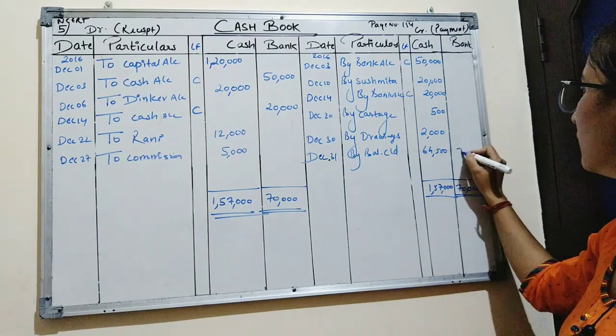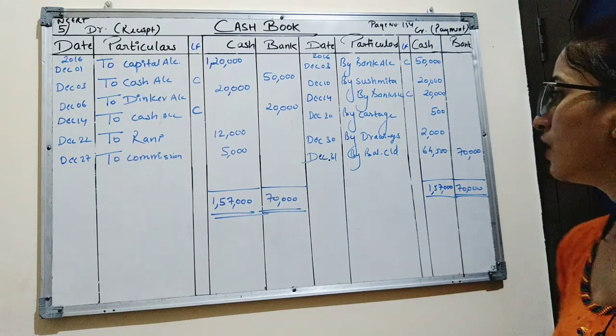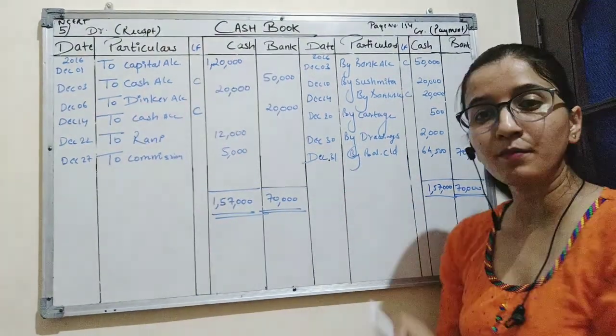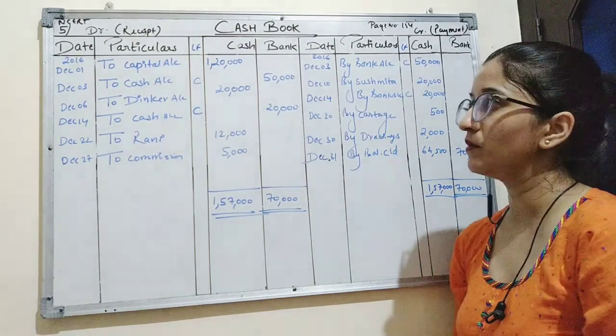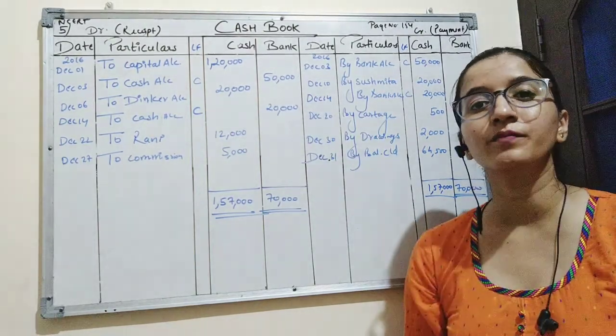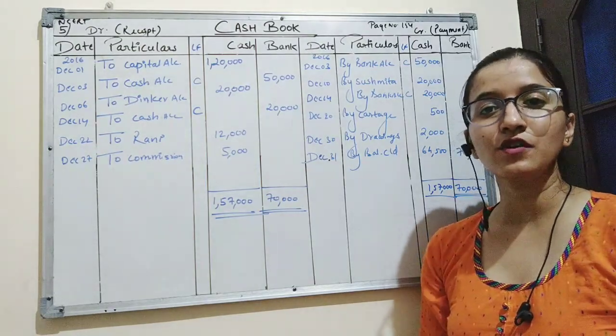And here the full amount is balanced, which is 70,000. So this is how we are supposed to solve the question based on cash book of double column, that is cash and bank column. So in the next session, we'll come up with some more topics. That's all for today. Thank you.